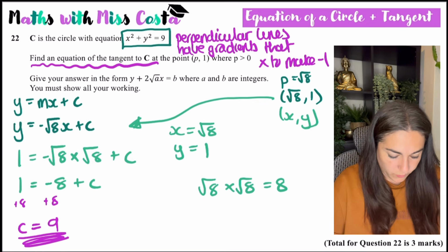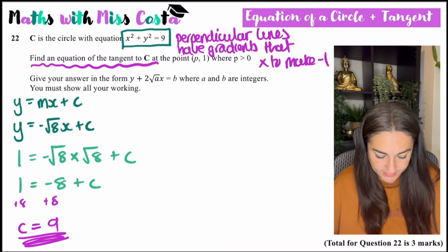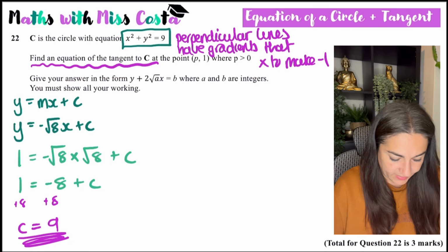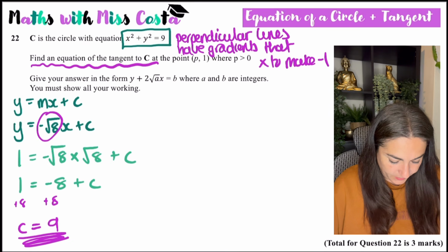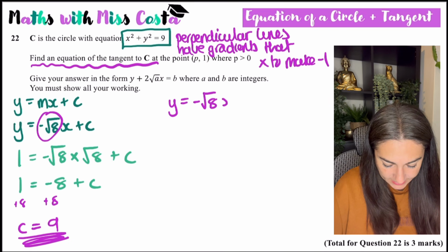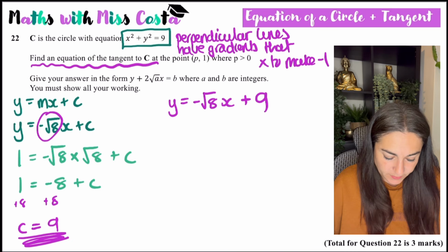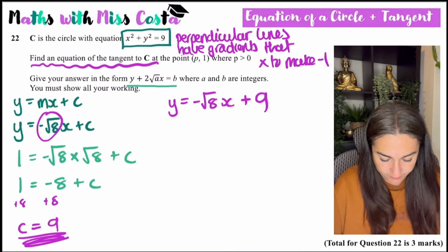And then you've got your equation. So we've worked out what the y-intercept is. We know what the gradient is. So let's substitute that in. So we've got y equals minus root 8 x plus 9.